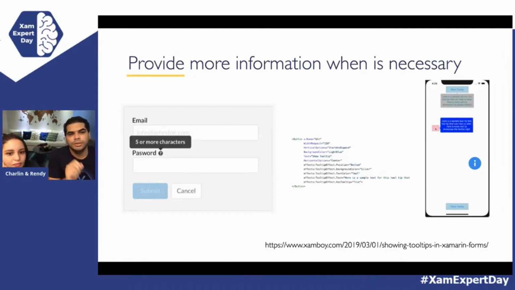I just provide this, and if you need it, you can tap it and check the description. You can do that by using tooltips. I did an article a while ago on how to integrate tooltips into Xamarin Forms, but the idea is that you consider this when doing forms, so that if a field is not really clear on what it is for and what the format is, you can actually use this mechanism.